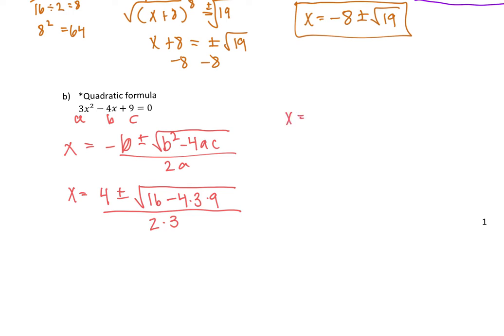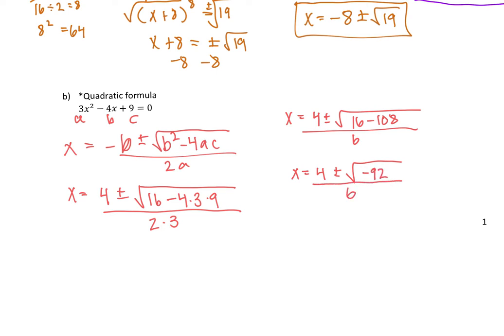Okay, so then we're going to simplify the square root. 4 times 3 times 9 is negative 108. So 16 minus 108 over 6. And then we get 4 plus or minus, let's see, 16 minus 108 is negative 92, all divided by 6.